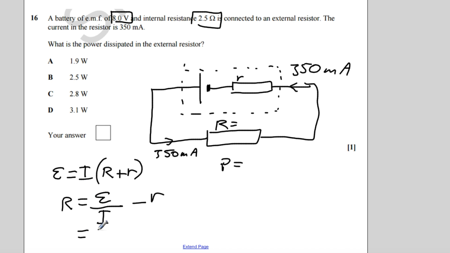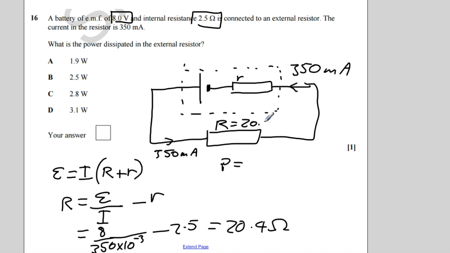When we do this, we have EMF was 8 volts divided by the current, 350, and it's milliamps, so we need to times 10 to the negative 3, minus 2.5. And that gives us an answer of 20.4 ohms. So we know that our resistance here is 20.4 ohms.